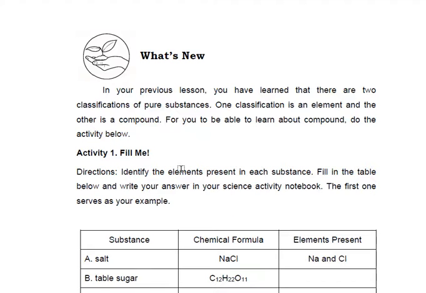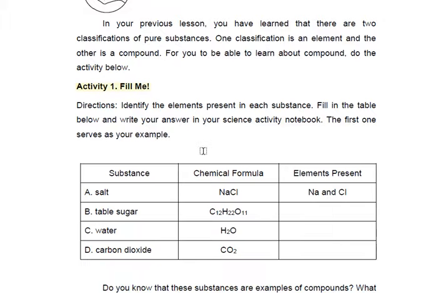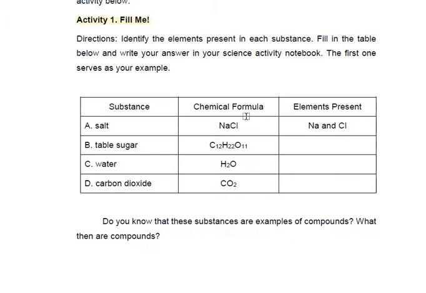So what you need to do after learning about that, you have to answer activity number 1. This is fill me. Directions: identify the elements present in each substance and fill it in the table. So fill this up, copy this, and then answer. So for example, letter A has already been given to you. This is salt.